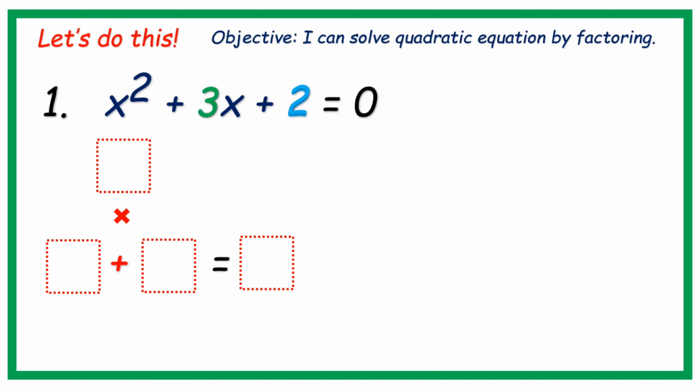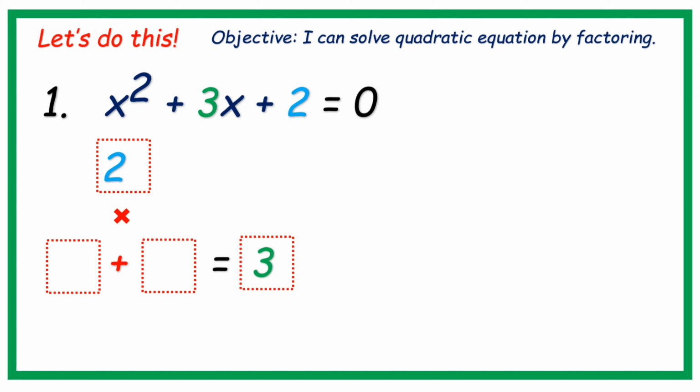We need to put number 2 here on top and number 3 here below. Now let's focus on number 2. Think of two numbers: when you multiply, the answer is 2, and when you add, the answer is 3.